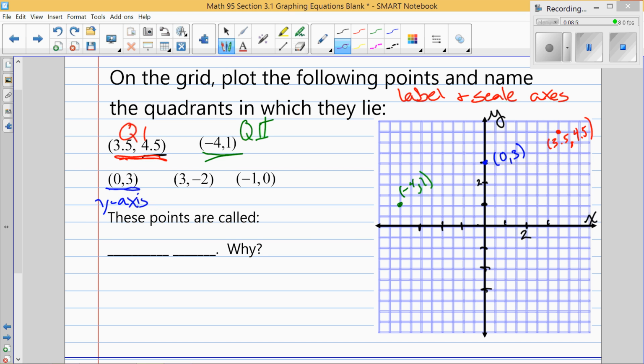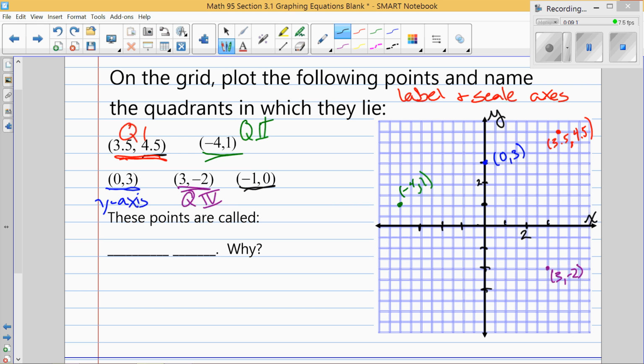The next point will be (3, -2). +3 in the x direction, and down 2 for y. The point (3, -2) is in quadrant 4. The last point I will mark in black.